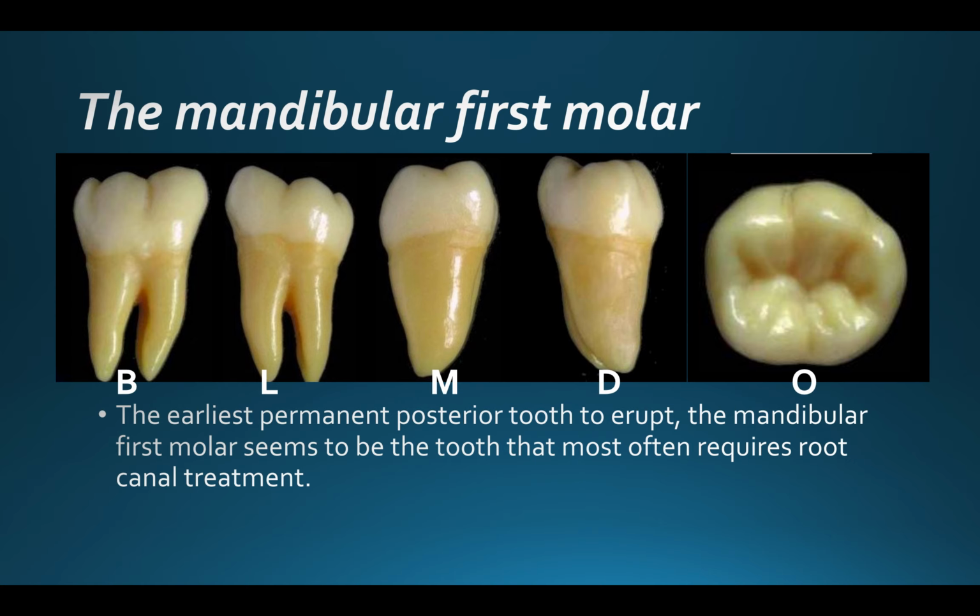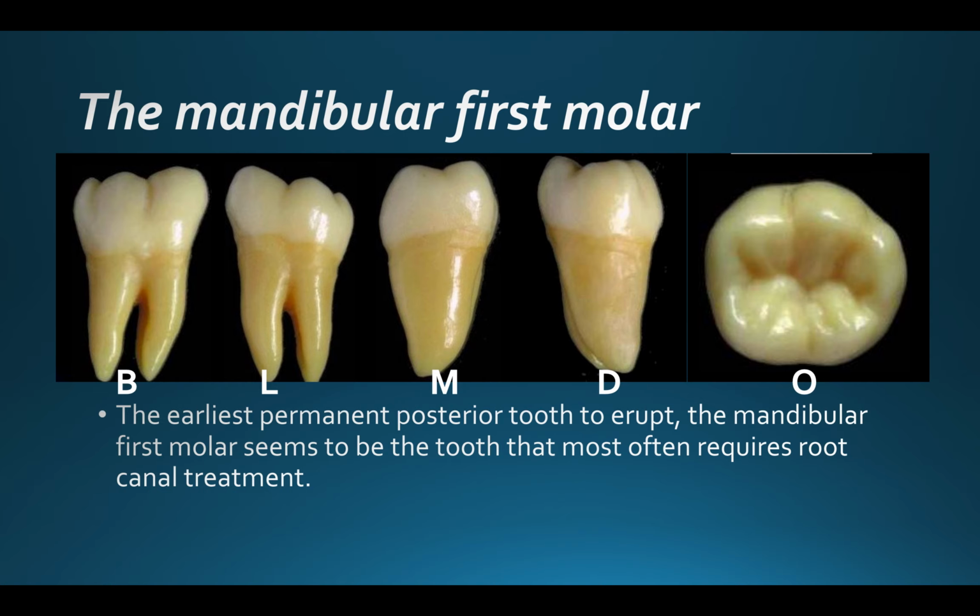Let's move into the mandibular molars, and we will start with the mandibular first molar. It is the first permanent tooth to erupt, and it is the tooth that most frequently requires a root canal treatment because it will be in the oral cavity longer than any of the other permanent teeth.